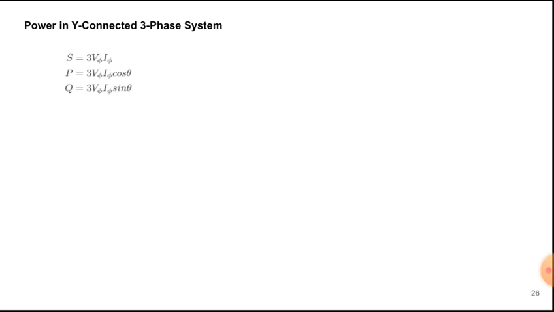So this is our general formula. I've given this one in the first part. For a three-phase Y-connected system, if I want to make my formula in terms of the line voltages, V phase is equal to the magnitude of the line voltage divided by square root of 3, or VL is equal to square root of 3 times V phase. And I phase is just equal to IL.